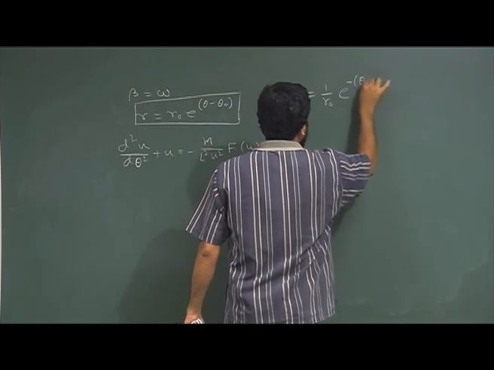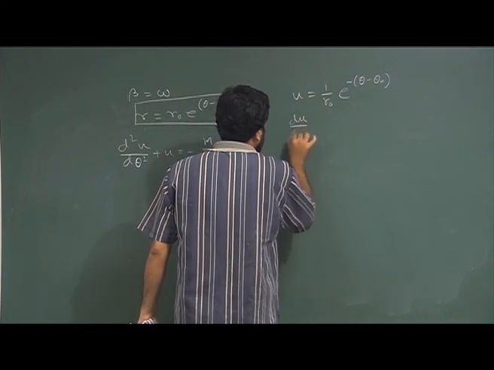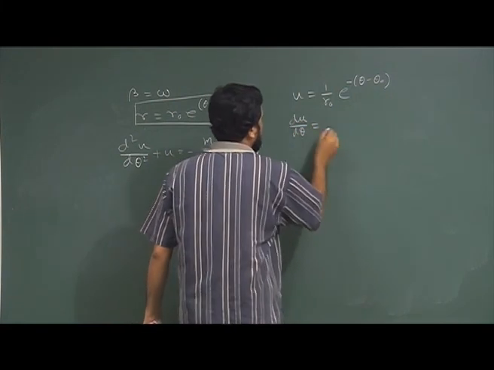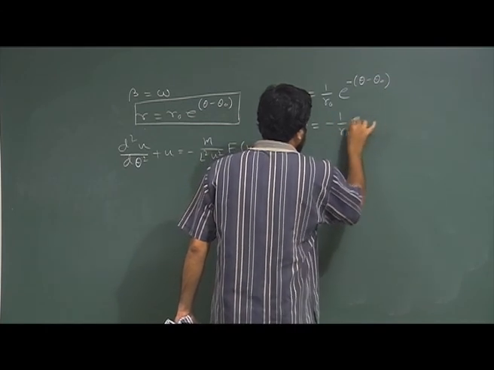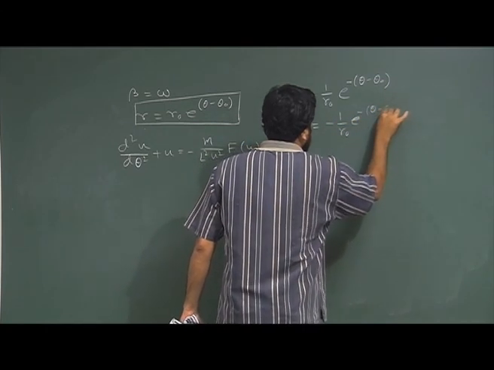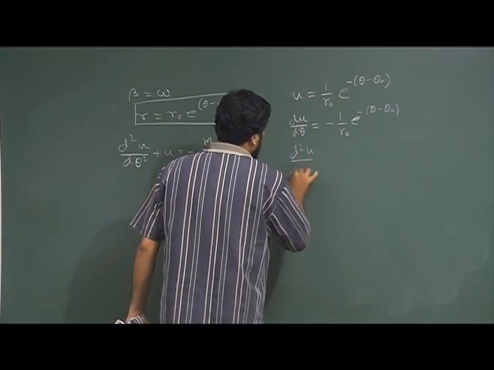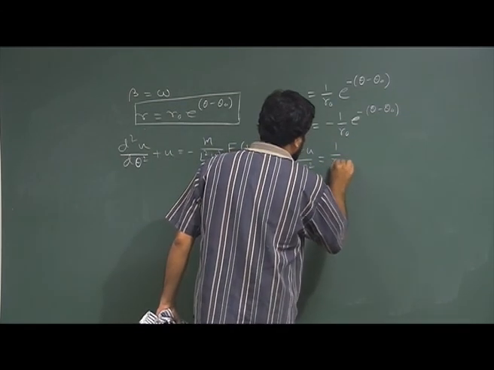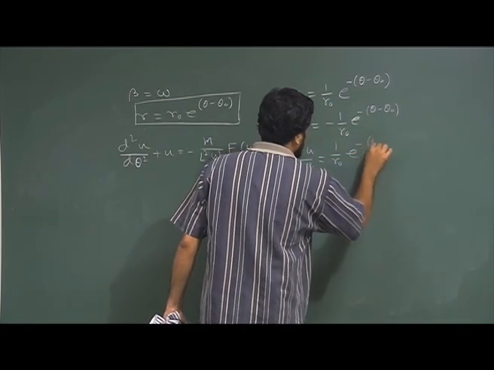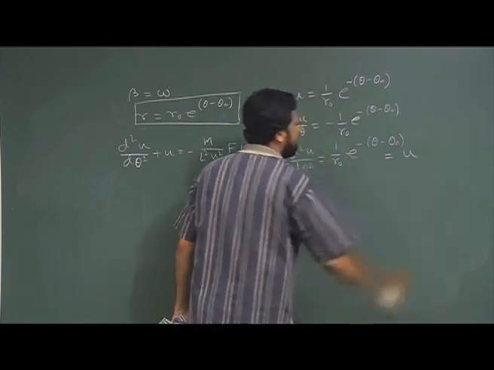So, du d theta is equal to minus 1 by r0 e to the power minus theta 0, d2u d theta 2 is equal to 1 by r0 e to the power minus theta 0, which is equal to u.